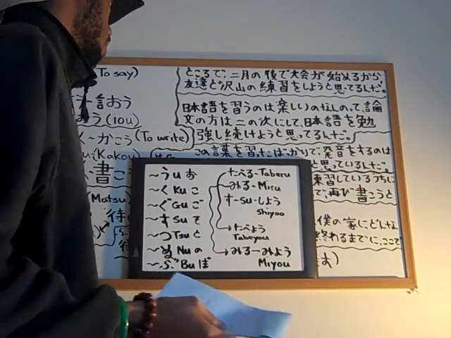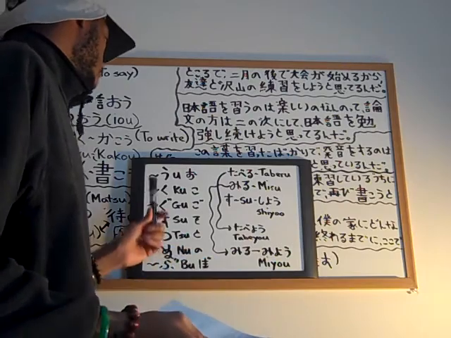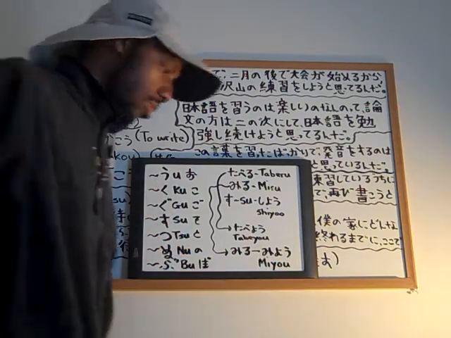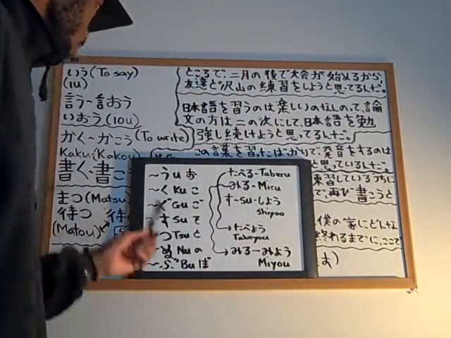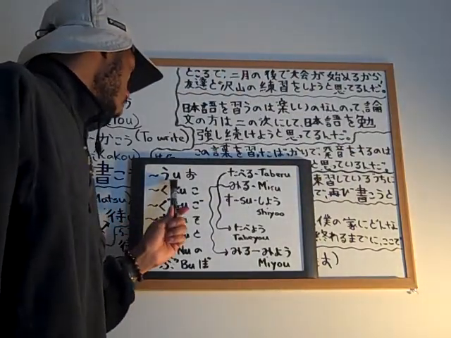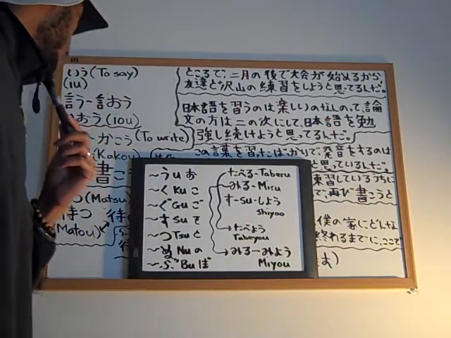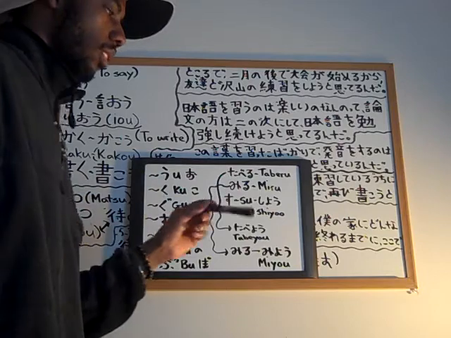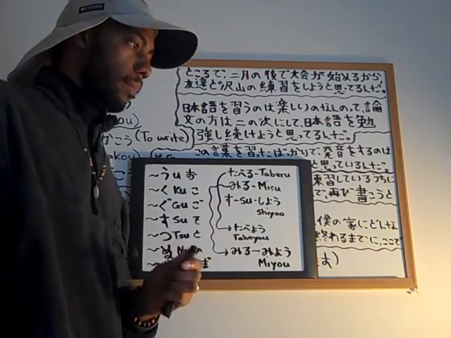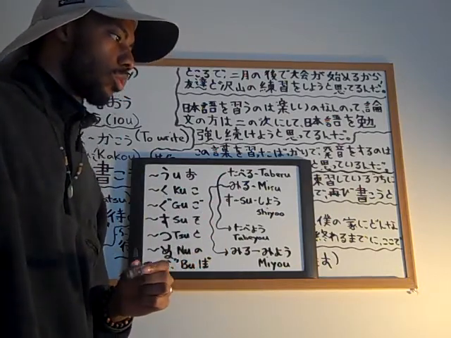Pretty simple. If you look at the endings of all these verbs here, what's going to happen? Let's start with the first one, u. It turns into o.